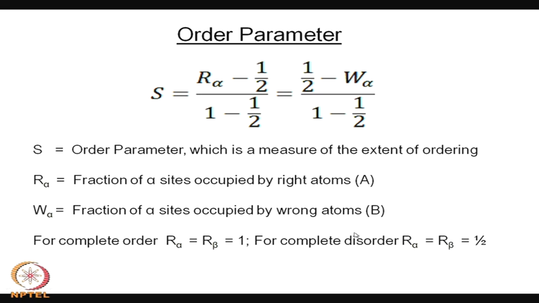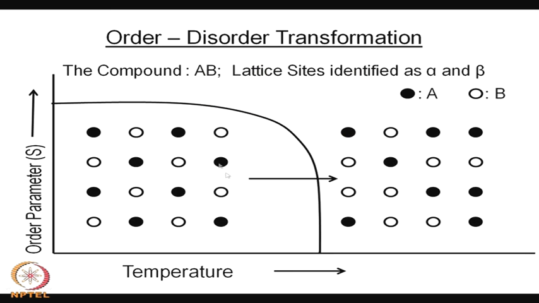Now, we can define some order parameters, that is basically a measure of the extent of order or disorderedness. S is called an order parameter, which is a measure of the extent of the ordering. R alpha is the fraction of alpha sites. Looking back to that structure, there are A atoms and B atoms, and also lattice sites identified as alpha and beta sites.